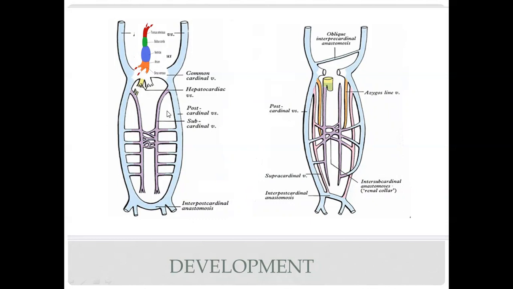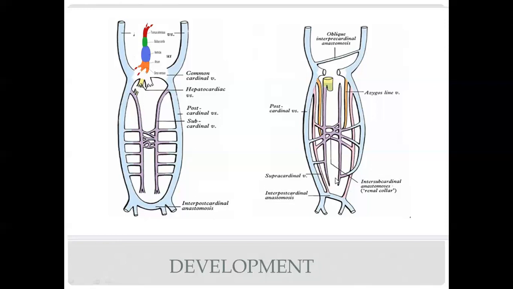The subcardinal veins also connect to the posterior cardinal veins through an anastomosis, which later becomes the mesonephric shunt.